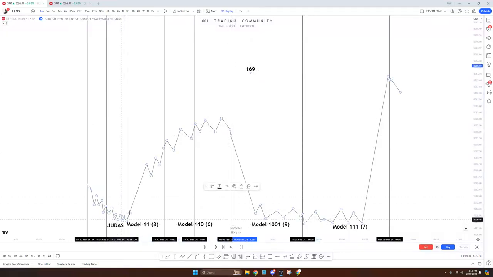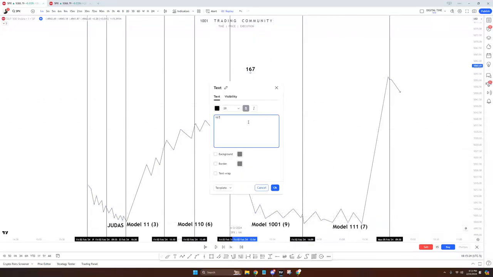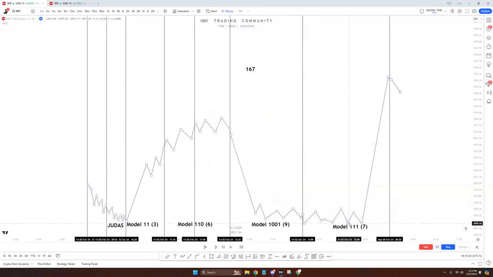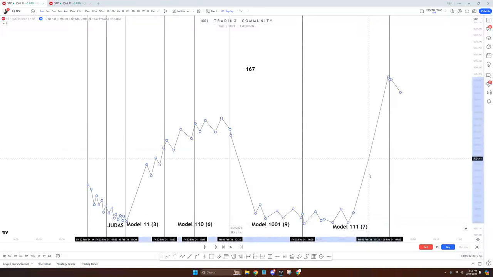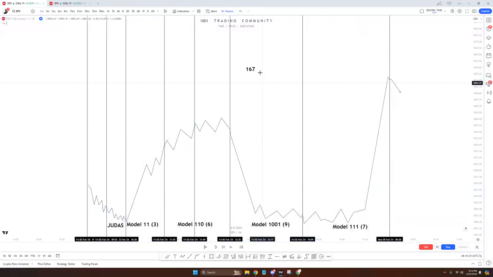Judas is 1, 6 is Model 110. Excuse me, 1, 6, 7. I was already thinking ahead. And then Model 111 is 7. Distribution end of day to take out the liquidity sitting here. 1, 6, 7.